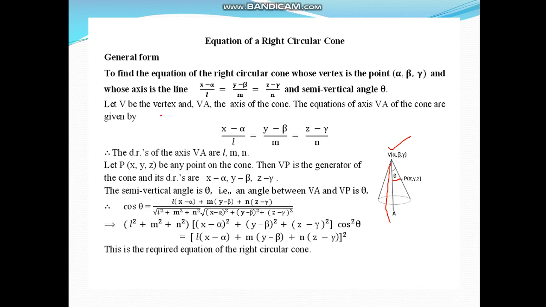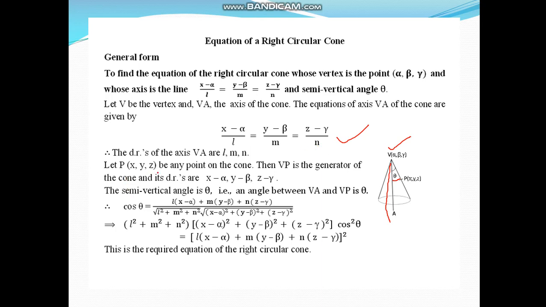So V be the vertex, VA is axis, and equation of axis is given by this line. If this much is given, we can find equation of right circular cone. Therefore the DRs of the axis VA, from the given equation of the axis we can find direction ratios and direction cosines. So l, m, n are actually the direction ratios.